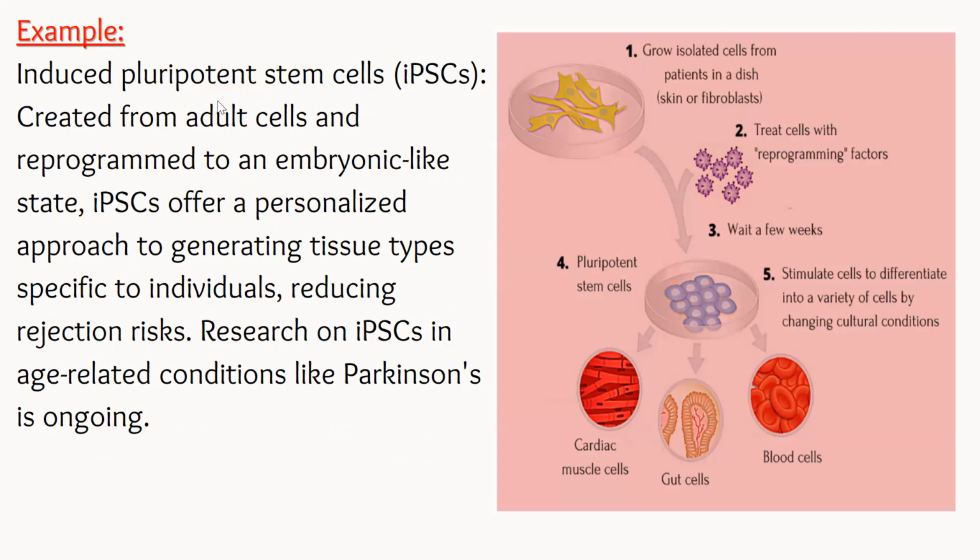So we induce pluripotent stem cells from adult cells and reprogram them to an embryonic-like state, and this offers an approach to generating tissue types specific to the individual, reducing rejection risk, and research on induced pluripotent stem cells in age-related conditions like Parkinson's disease is ongoing.